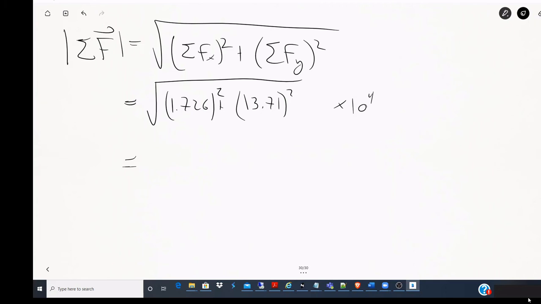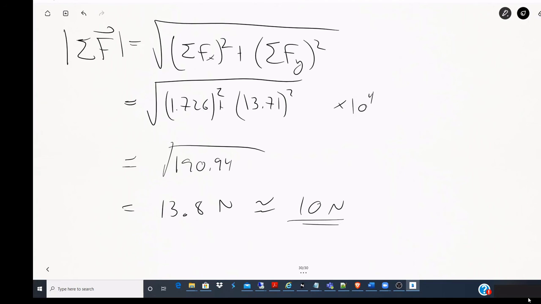So 1.726 squared plus 13.71 squared is 190.94. Square root that. I get 13.8 newtons, which really, when we're down to 1 sig fig, is just 10 newtons.